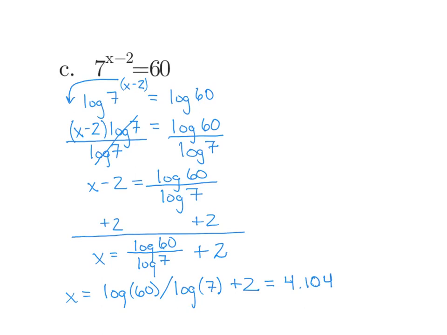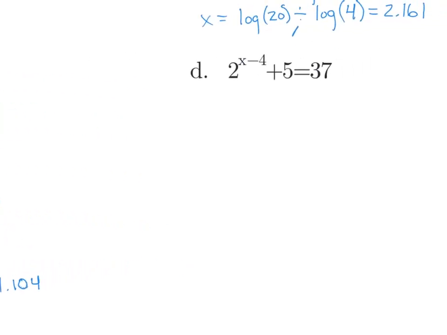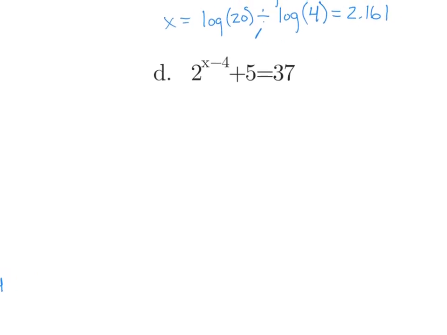Let's look at one more example. For example D, there's nothing like this on the homework, but just to show you how this relates to what we've done in the past.